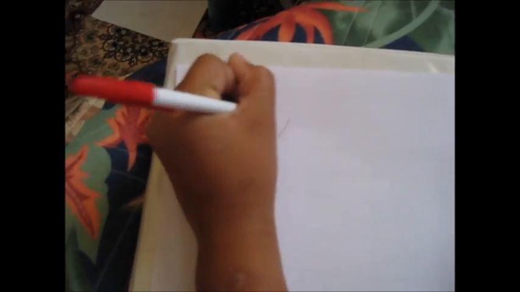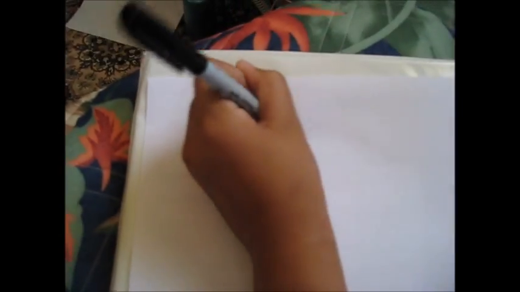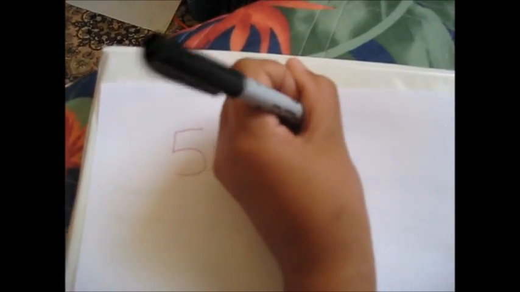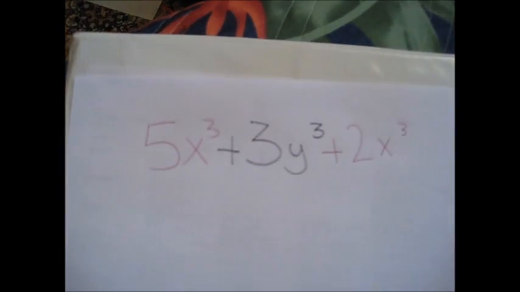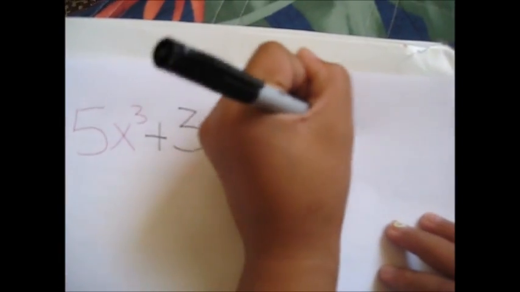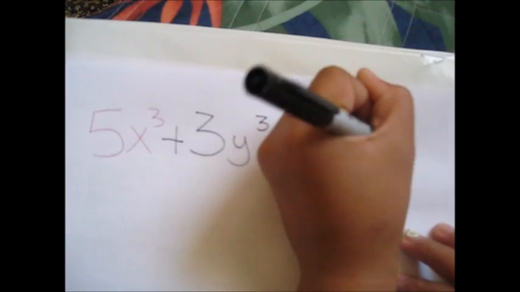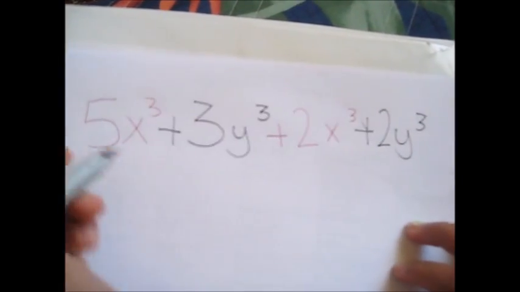Okay, so first let's start doing some like term problems. So the first problem is going to be 5x cubed plus 3y cubed plus 2x cubed plus 2y cubed.